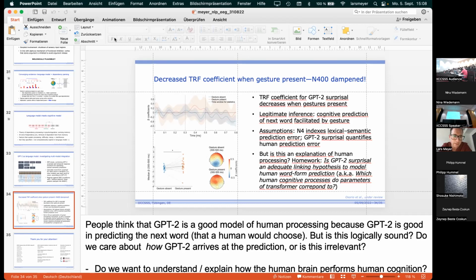I'm just saying if you want to use the model for explanation, then you have to understand which part of the algorithm corresponds to which part of our machinery. That's what I mean. So if you have a machine that has the same parts and they are wired in the same manner, then that's a brain. And then that's a super cool model. I don't know whether it's even a model then, or whether it's just a brain.